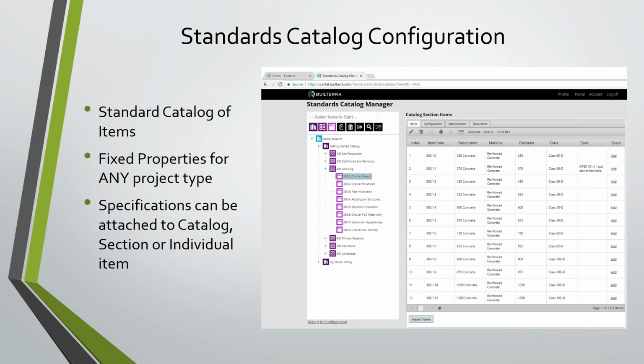You've got not just item code and description, but you've got extra fields, in this case material, diameter, class, and spec. All this information has been augmented to this pay item list to be able to pull it in from Civil 3D. In some cases, you might not have all these extra properties. You'll just have item code and description, which is fine too. And we're going to talk about that later.